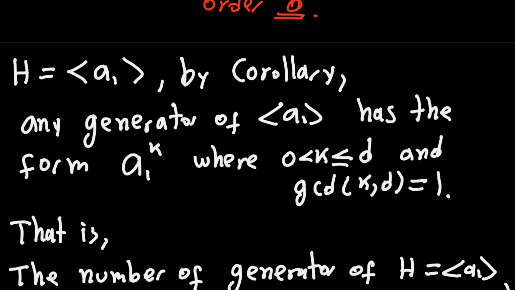This is one of the corollaries we proved about the generators, and we did a couple of examples with this. So if I have generator a_1, any other generator will have the form a_1 to the k, where k is between 0 and D, and the GCD between k and D is 1.